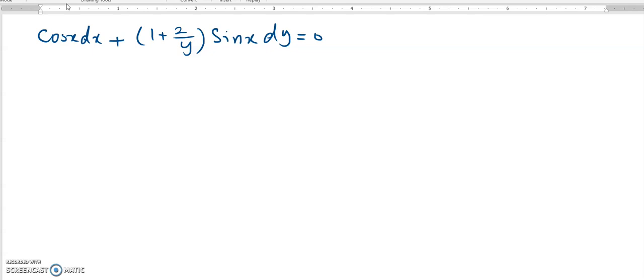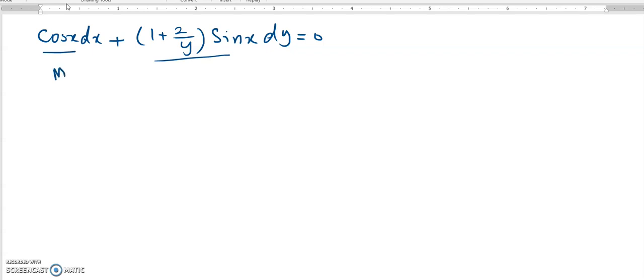In fact this equation is a separable equation, but we are not doing it by that method. Let's first check whether the equation is exact or not.